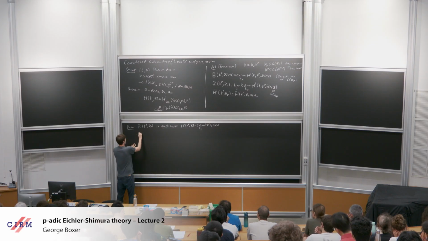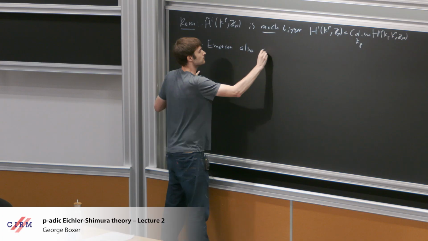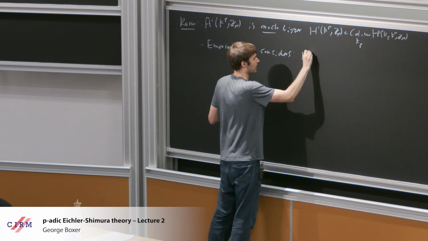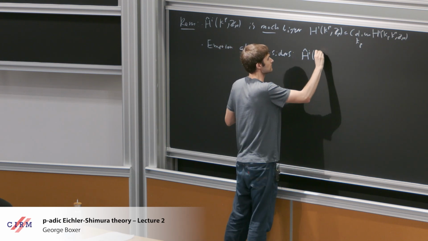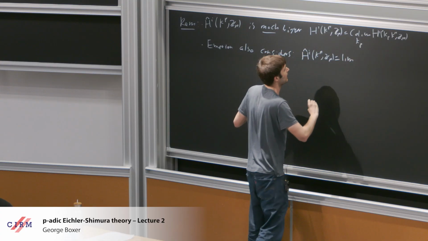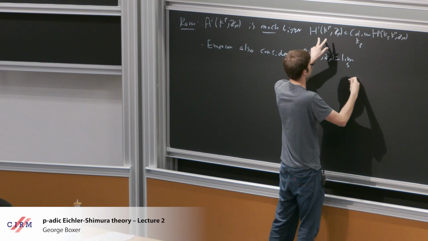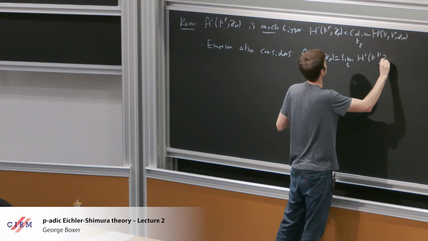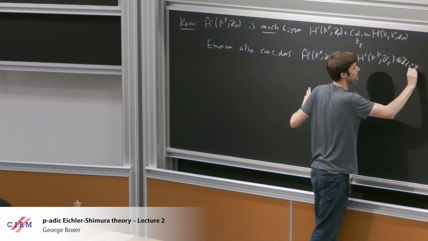Emerton also considers this, what he calls H-hat, which is the limit over s of, literally the p-adic completion of this thing. So you take this thing and you tensor with Z mod p^s Z.